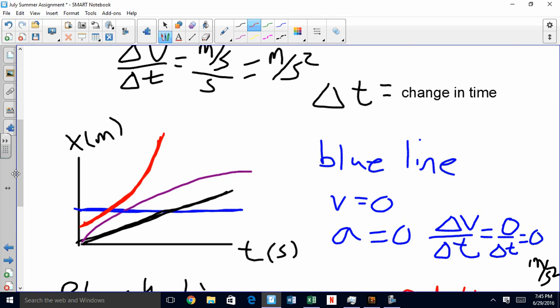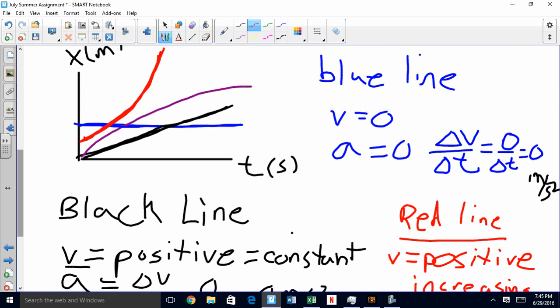I might have mentioned this in Algebra 2 last year, but certainly the calculus students, you're going to talk about concave up and concave down graphs and how they affect minimums and maximums. This would be a concave up graph. If you remember from geometry, concave up has that bowl shape upward. This red line certainly has an upward bowl shape, so it is concave up. And that'll always have a positive acceleration if you're doing a position versus time graph.